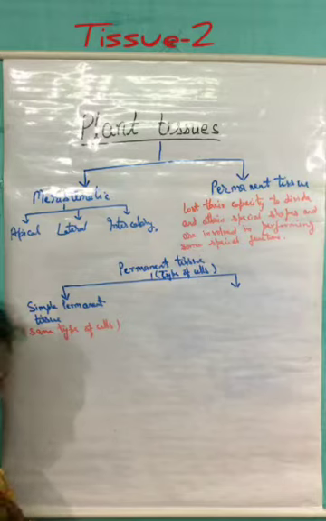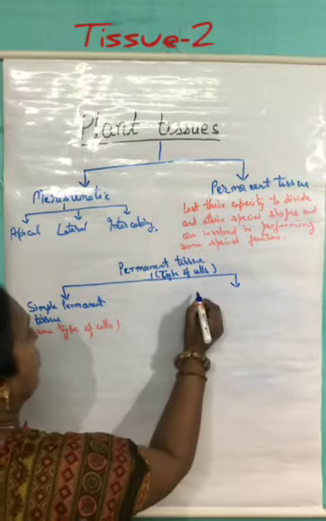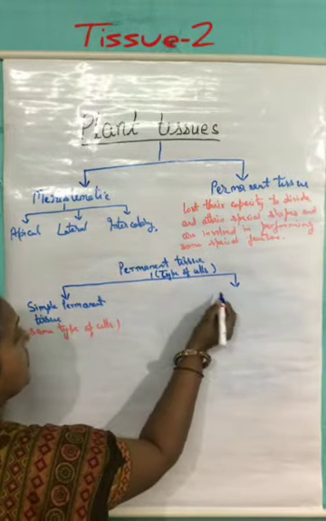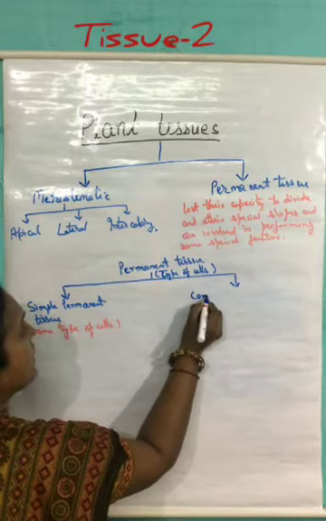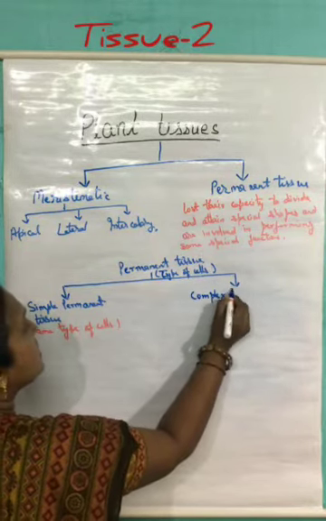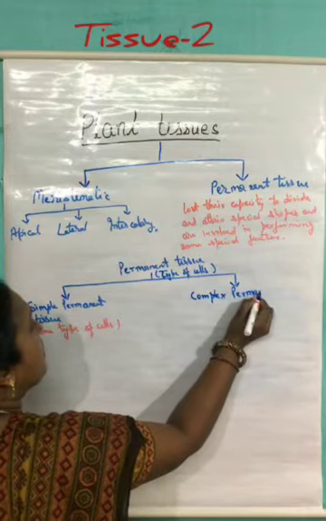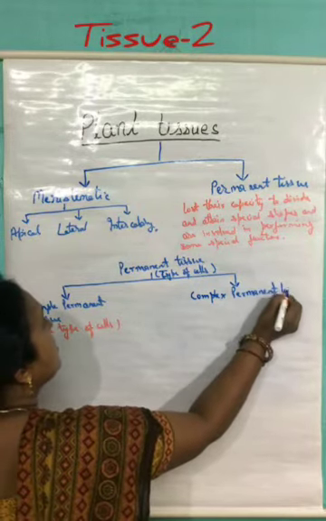Whereas the second category is that of the cells which lead to the formation of the next type of permanent tissue, which is called complex permanent tissue.